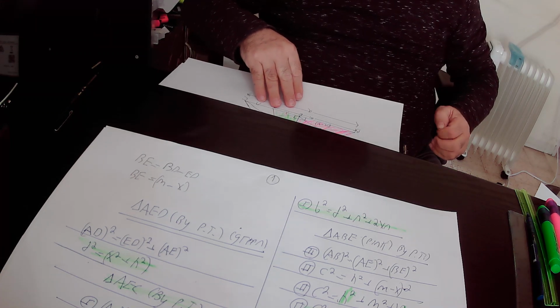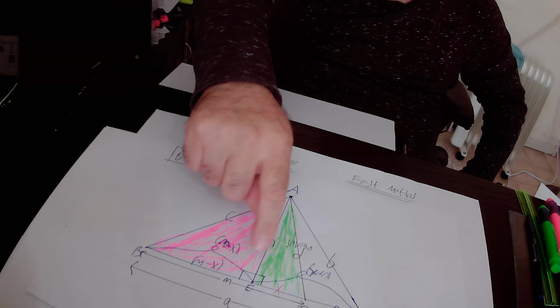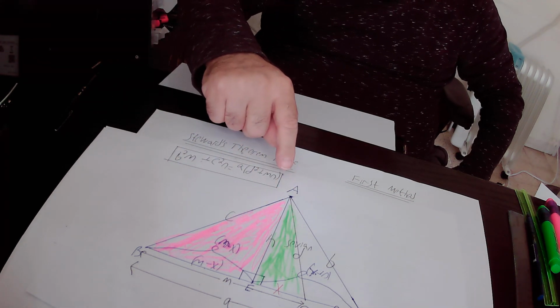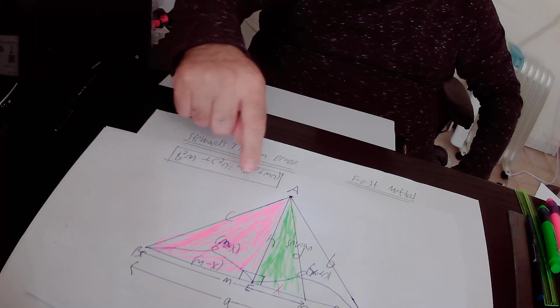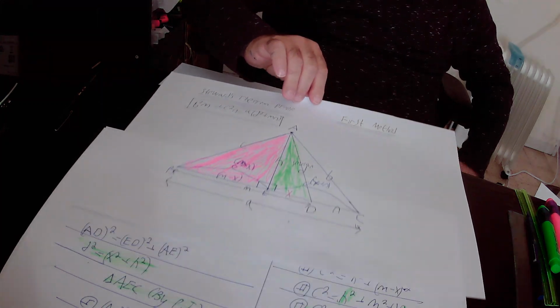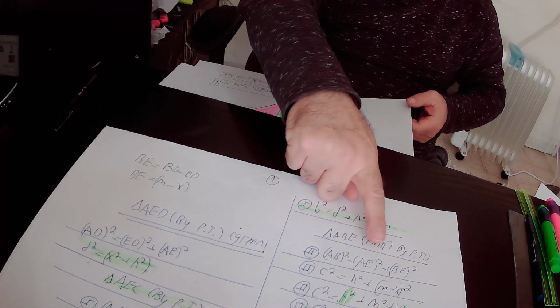And finally, we implemented the Pythagoras theorem on the right triangle, triangle AEB. On this right triangle, AB square equals AE square plus BE square.